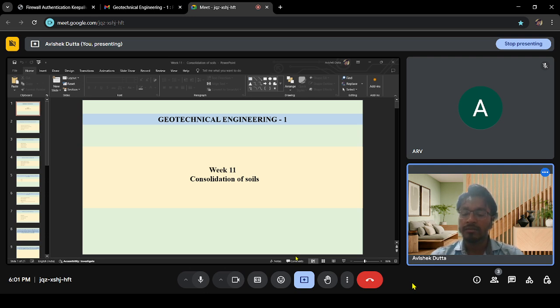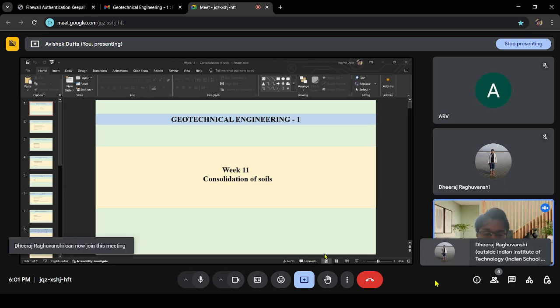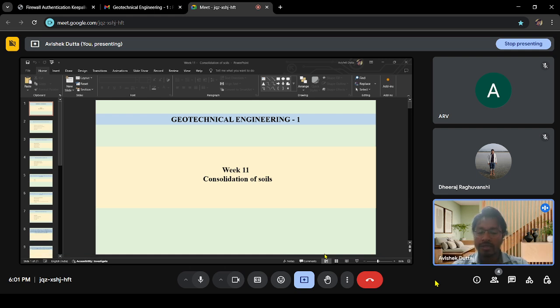So in this problem solving session, I will be discussing and giving some problems on the basics of the consolidation theory. The main numericals concerning the settlement part of soils will be there in the next live discussion session.